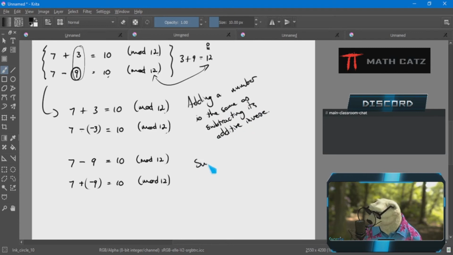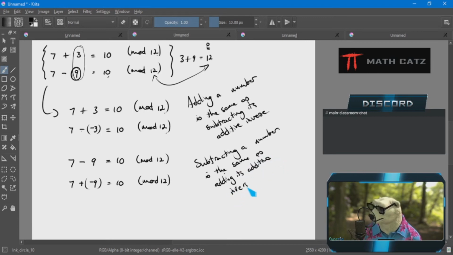Over here, subtracting a number is the same as adding its additive inverse. I have to say additive inverse because there are actually other inverses as well.